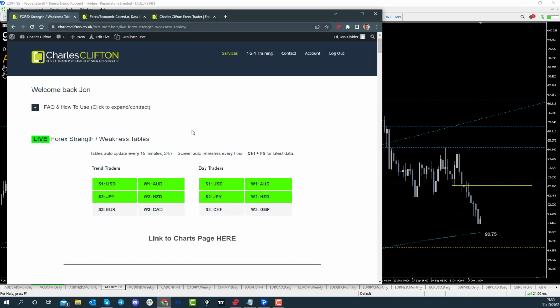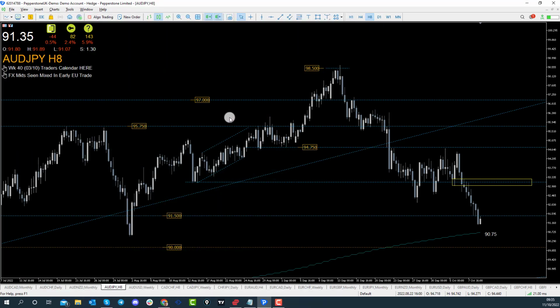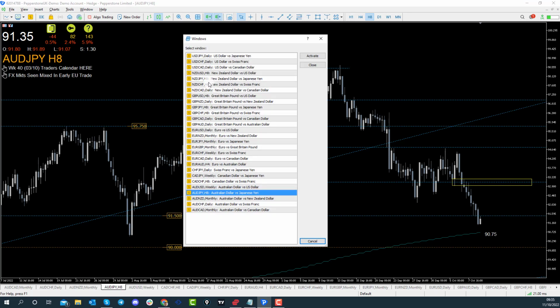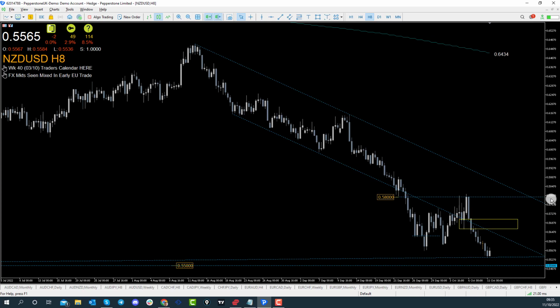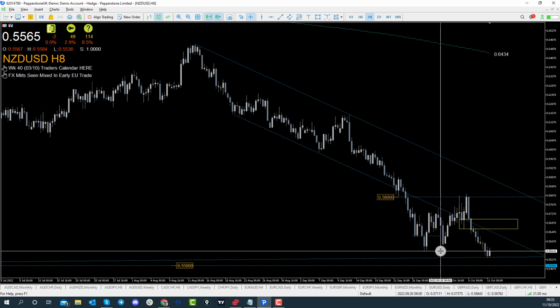Bringing back the live Forex strength and weakness tables, we're going to have a little look at New Zealand versus the US dollar next. If we go and highlight that chart, again, it's very similar to yesterday. We spoke about price creating this new low, breaking through the previous structure low at the 0.5560 handle.